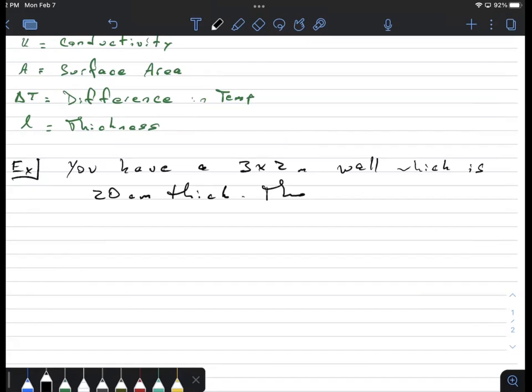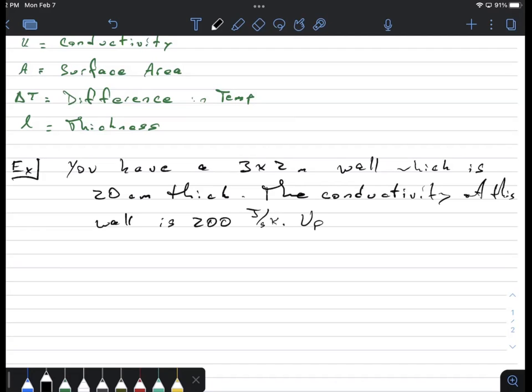The conductivity of this wall is 200 joules per second Kelvin.